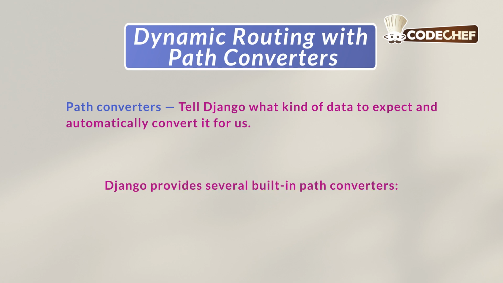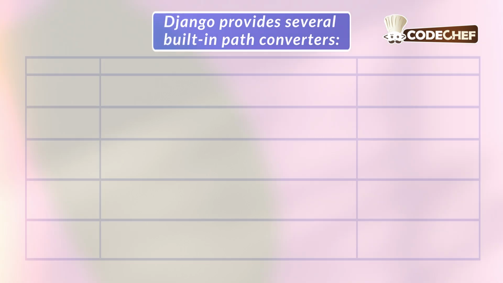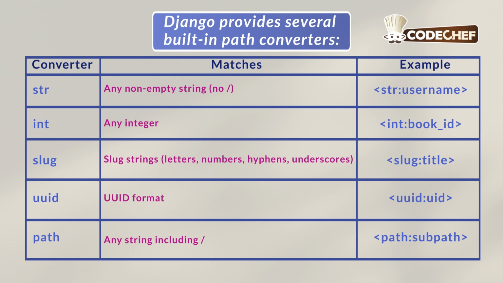So Django provides several built-in path converters. Here are some path converters that are provided by Django. We have str, which we have already seen. It matches any non-empty string, and this is the example how to use it, and it does not accept slash. And then we have int, which matches any integer, and we saw the example of that as well.